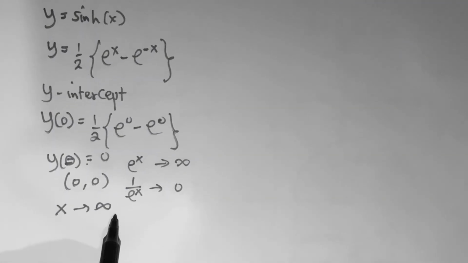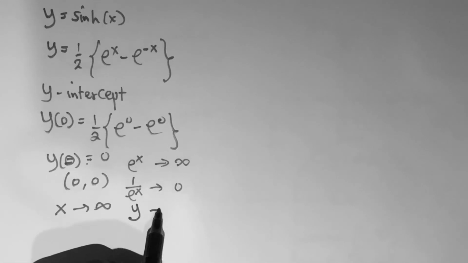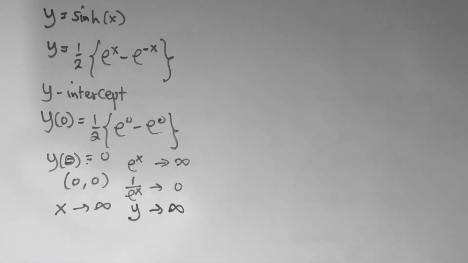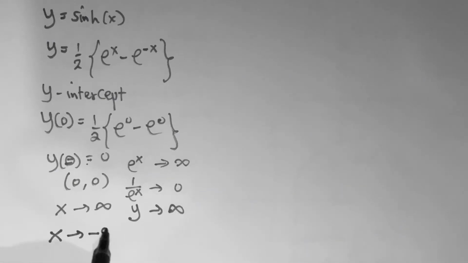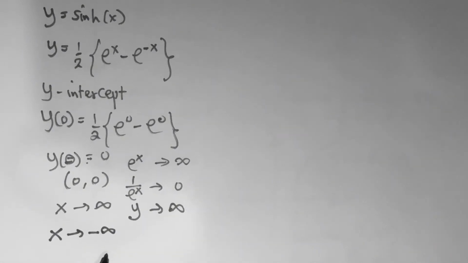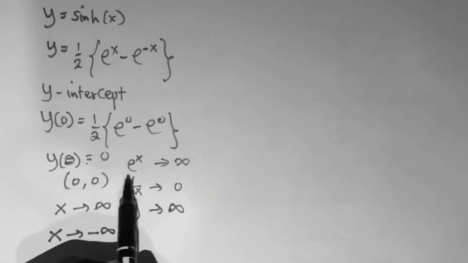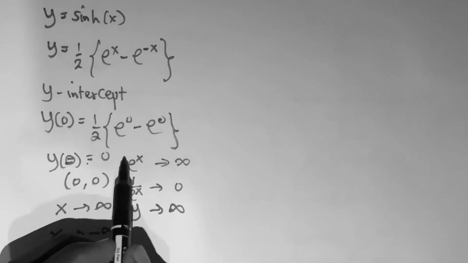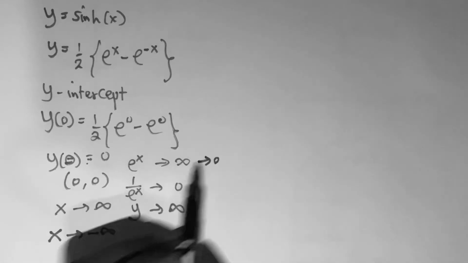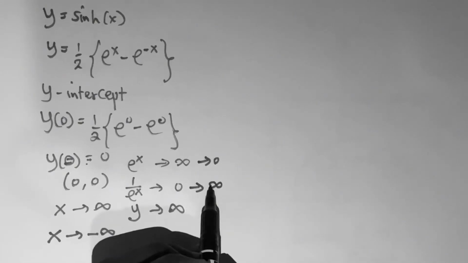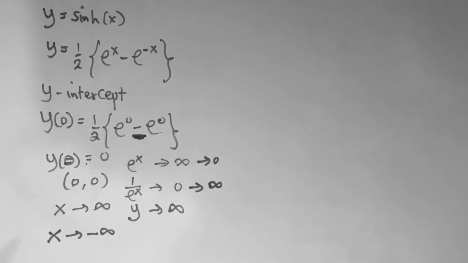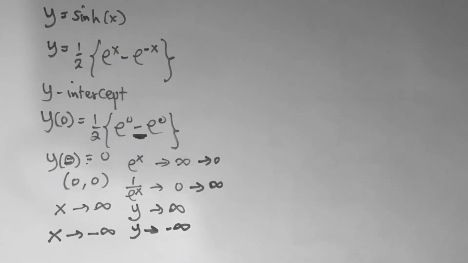So as x approaches infinity, y approaches infinity. Now, what about x approaching negative infinity? What happens to y? The exponent x part will approach 0, but 1 over exponent x will approach infinity, and there is a negative sign here, and therefore y will approach negative infinity.